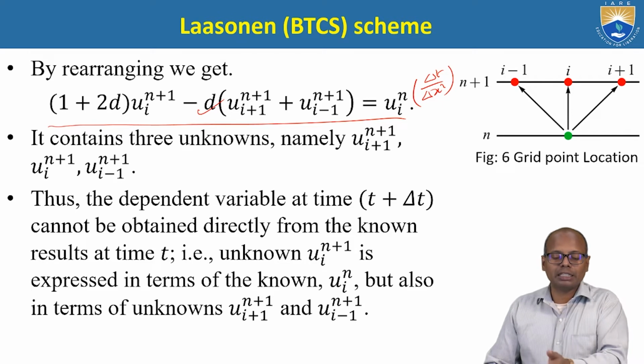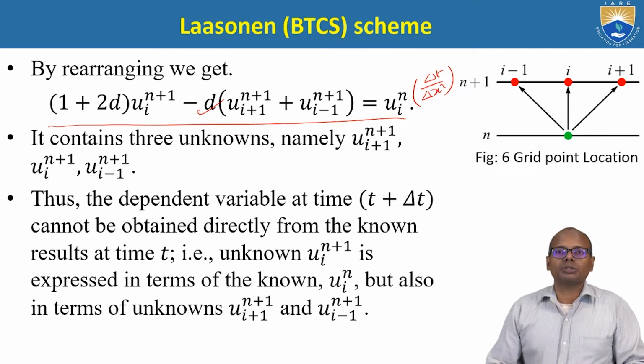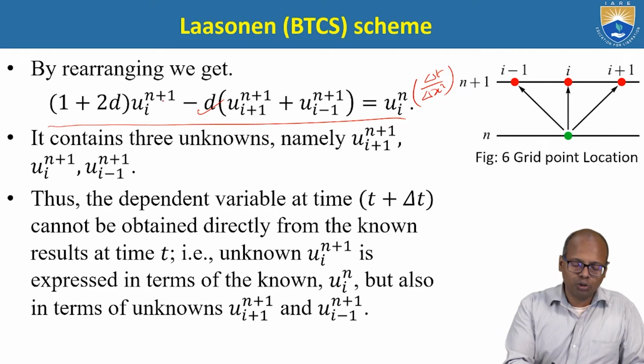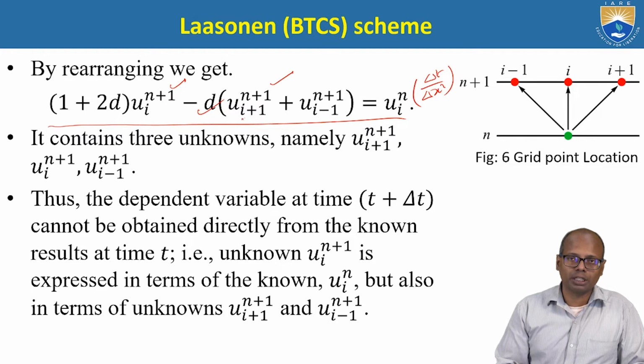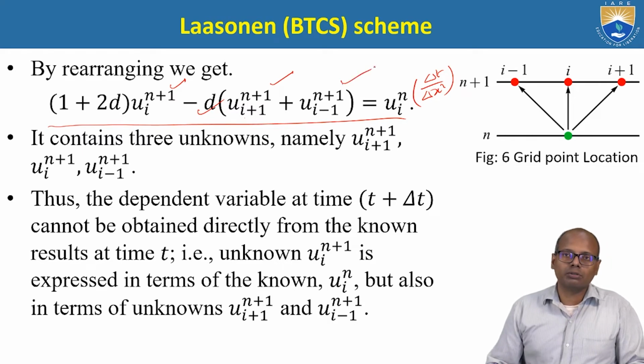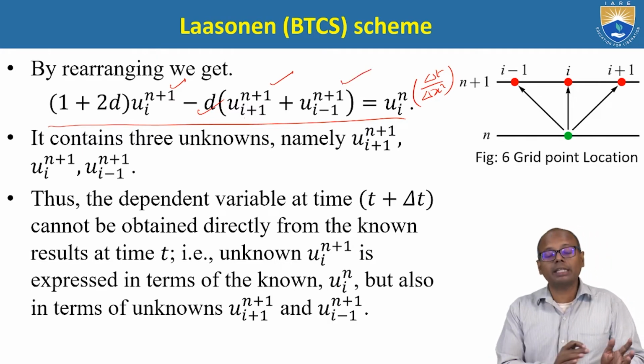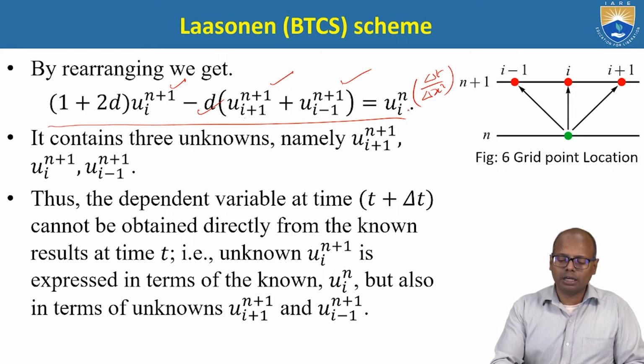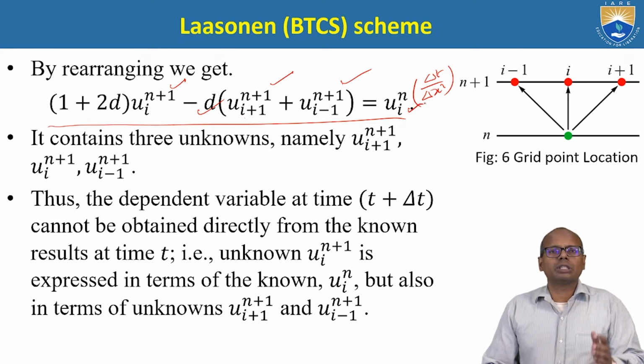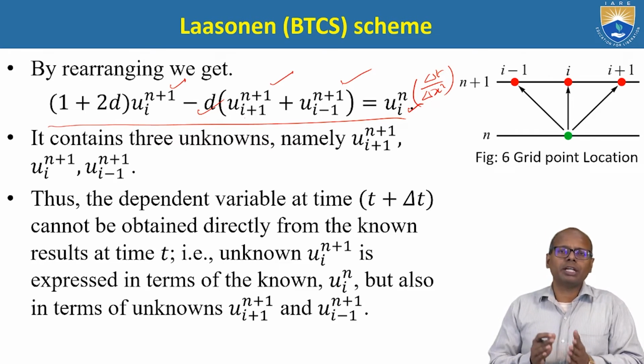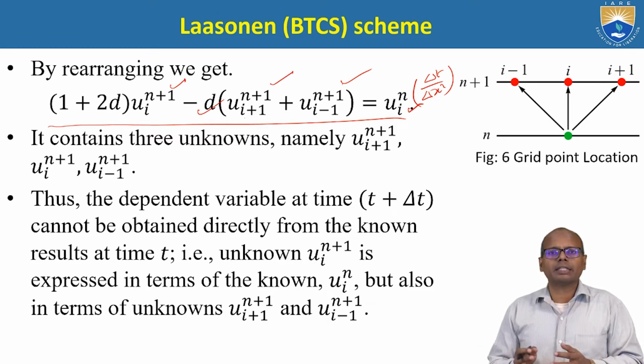In this equation, how many unknowns are there? I don't know the value of u at n plus 1, and I don't know the value at n plus 1, i plus 1, and I don't know the value at n plus 1, i minus 1. So I have three unknowns here and only one equation. The three unknowns are to be found out, so the dependent variables at time n plus 1 cannot be directly obtained.